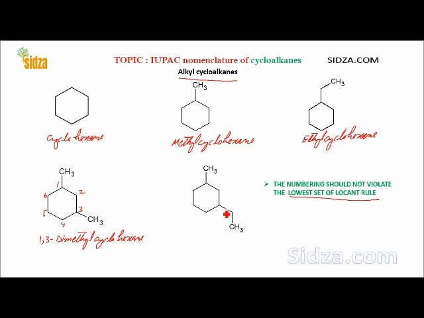Here in this one we again have 2 substituent groups, but the 2 groups are different. This one is a methyl and this one is an ethyl group. There are 2 options for the numbering for this molecule. If I give this one number 1, then this will be number 2, so ethyl will get the number 2.